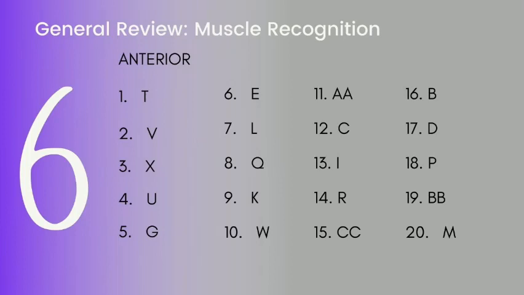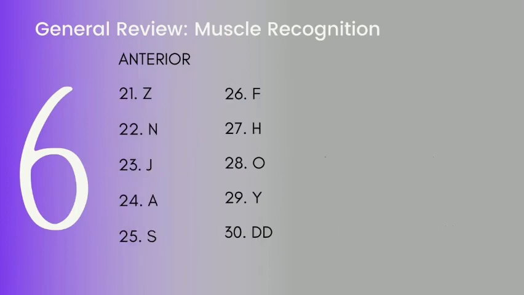Number 16, B. Number 17, D. Number 18, P. Number 19, BB. Number 20, M. Number 21, Z. Number 22, N. Number 23, J. Number 24, A. Number 25, S. Number 26, F. Number 27, H. Number 28, O. Number 29, Y. Number 30, DD.